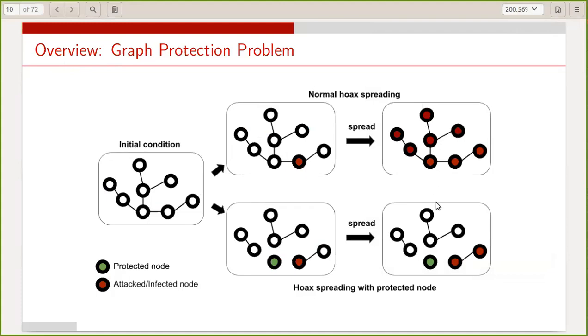But here, the number of nodes that are still healthy is 1, 2, 3, 4, 5 out of 8, so the ratio is 5 out of 8. We can count it physically, and we use it to measure whether our method is successful or not. I hope this answers your question, Professor.